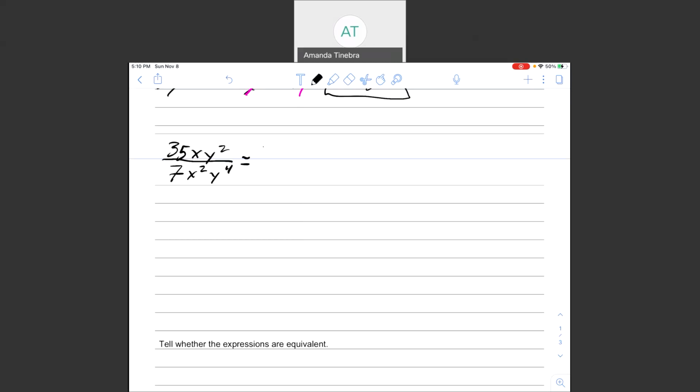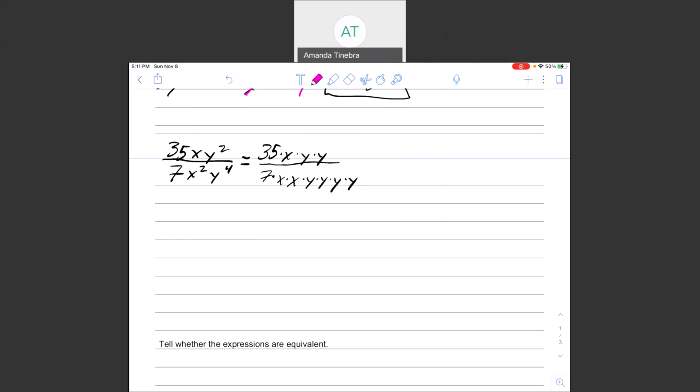On the top, I have 35 times x, and then y squared means I have 2 y's. That's the top. On the bottom, I have 7 times x squared, which is x times x. Y to the fourth means I have 4 y's.